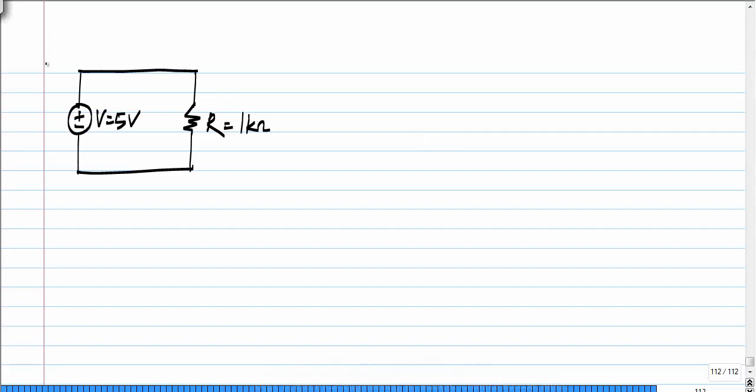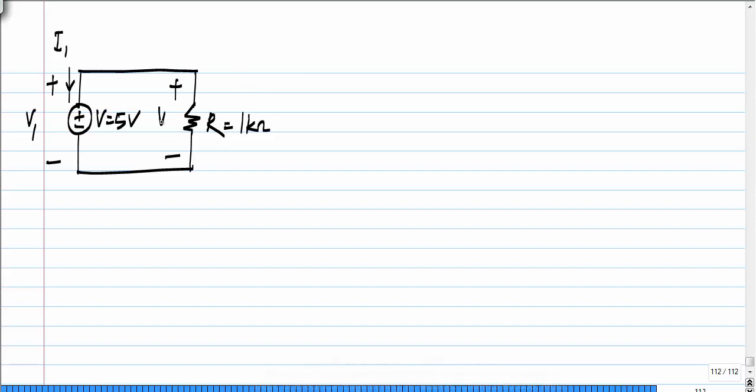So, now what I will do is I will define the voltage across the voltage source to be V 1 and I will use the correct passive sign convention for V 1 and define I 1 this way. So, V 1 is the voltage across the voltage source, I 1 is the current through the voltage source and it is clear that I have chosen passive sign convention for this.